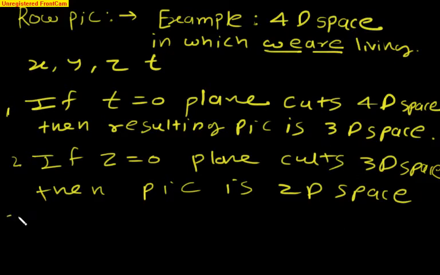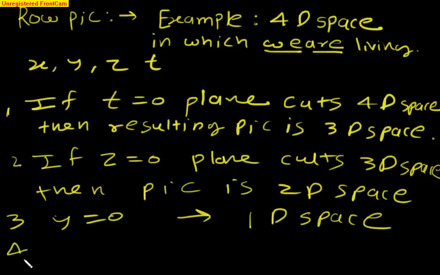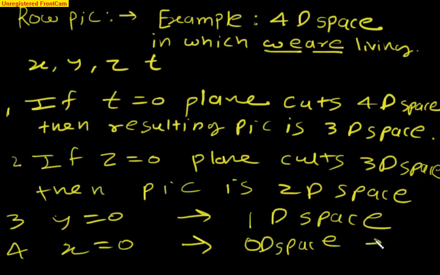If we intersect furthermore by y equal to 0, then the result is a 1D space, a line, and if we intersect by x equal to 0, finally we get 0 space, which is nothing but a point.